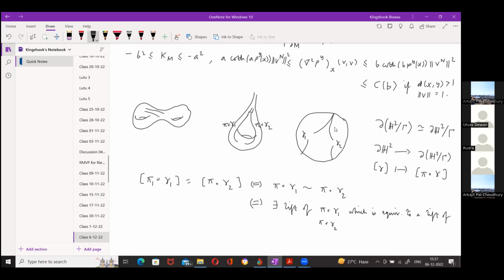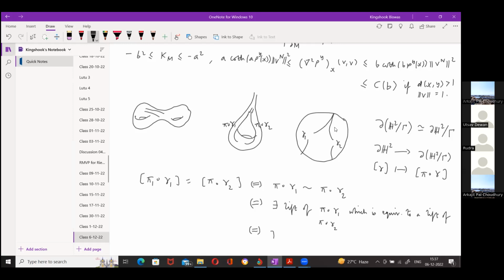But then what are the lifts of pi composed gamma 1? The lifts are just gamma 1 and all its translates under the discrete group gamma, right? These are all the lifts of pi composed gamma 1.